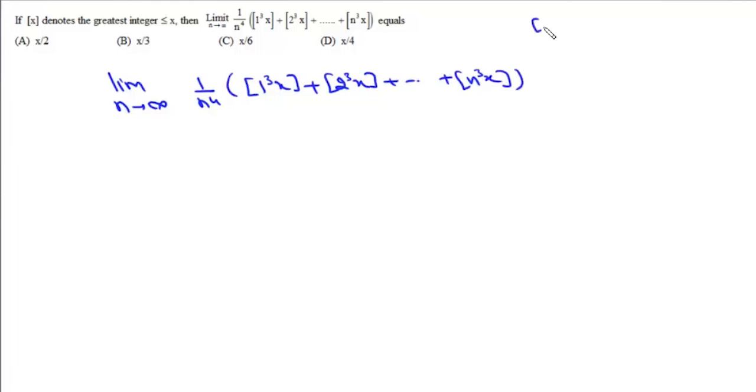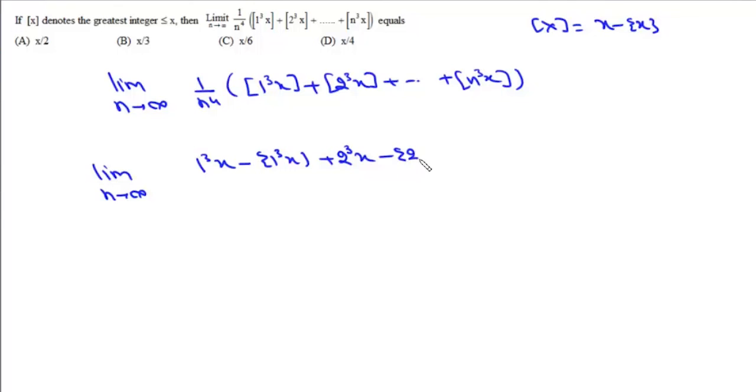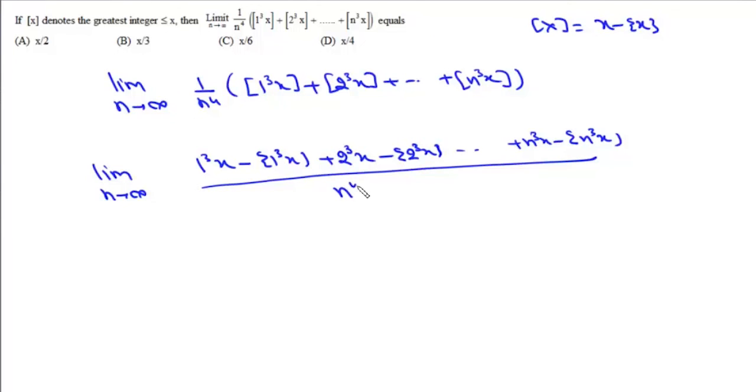Now we know that the greatest integer function of x is x minus the fractional part of x. So we'll write this as limit n tends to infinity of (1 cube x minus fractional part of 1 cube x, plus 2 cube x minus fractional part of 2 cube x, up to n cube x minus fractional part of n cube x) whole divided by n to the power 4.